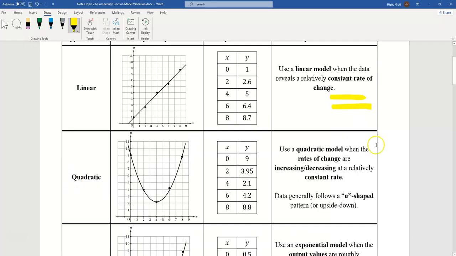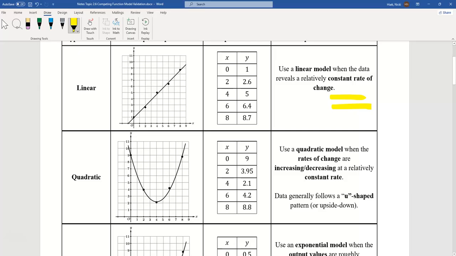Quadratic is when our rates of change are increasing or decreasing at a relatively constant rate. Remember with the tables, we did that second difference, right? We said, how much is the original table going up by? That was not constant. But then we did that second difference, and those numbers were constant. Now, when we're modeling, they may not be perfectly constant. We might not get 2, 2, 2, 2, 2, 2.